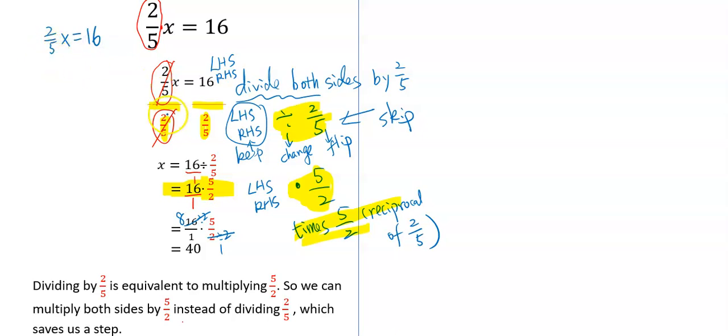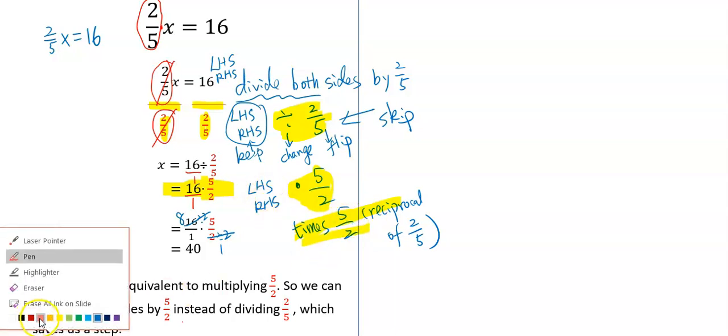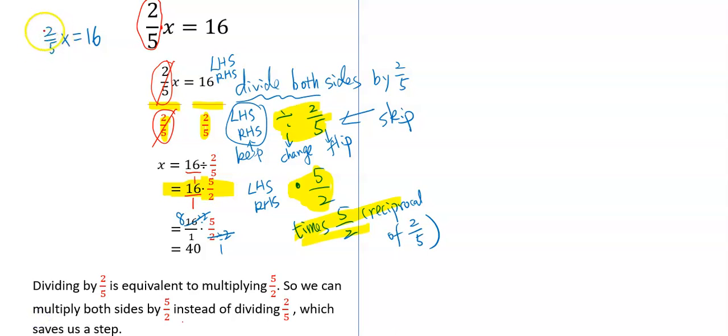Again, we're supposed to divide, but we're going to take a shortcut. We're going to multiply both sides by 5/2. This is the number we want to get rid of. We're not going to divide by it, we're going to do times. You can put it right after it or in front of it, it doesn't matter because of the commutative property. But times what? Times the reciprocal, which means you flip 2/5 to 5/2.